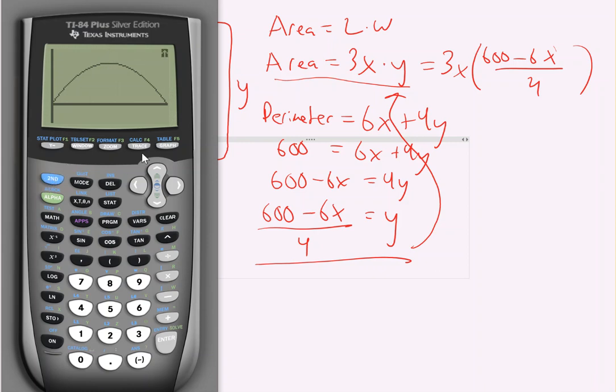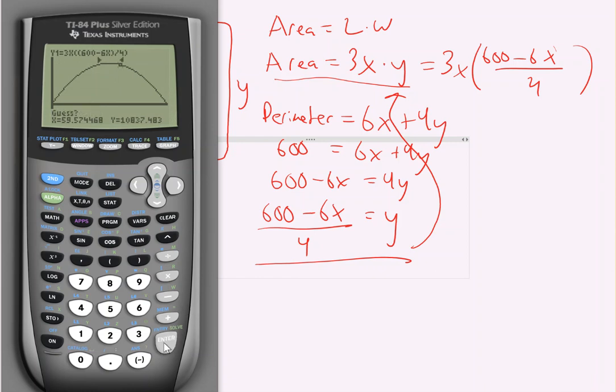If we go to second trace to pull up the calculate menu, we can go down and say find a maximum. First question is going to be left bound, and you need to make sure that you move your cursor to the left of the maximum before you hit enter. It should change to right bound, so move your cursor far enough that you're sure it's to the right of the maximum before you hit enter.